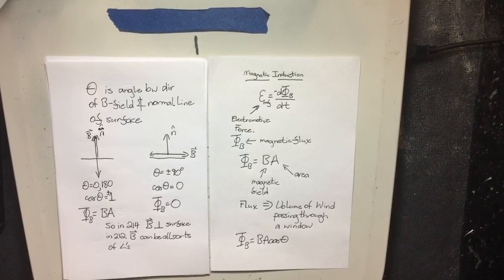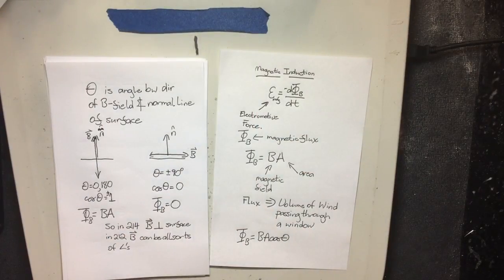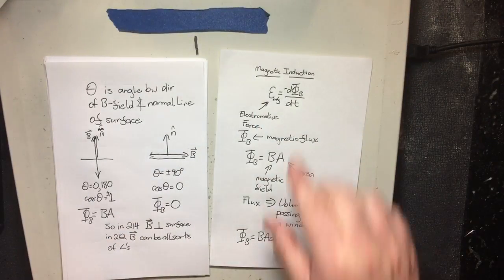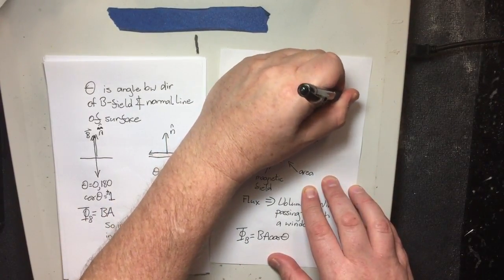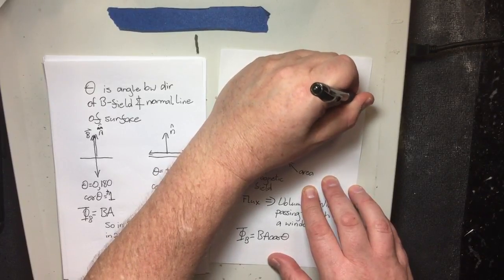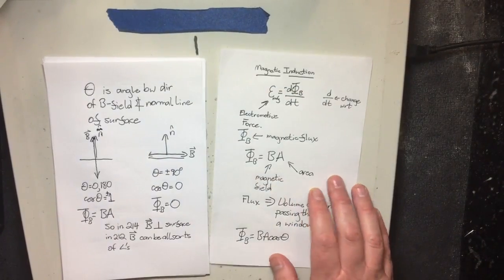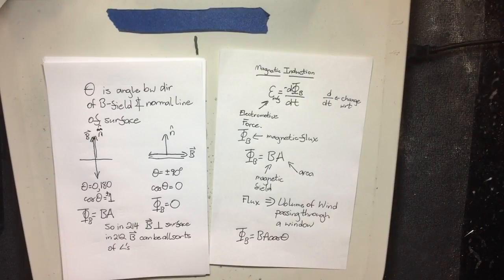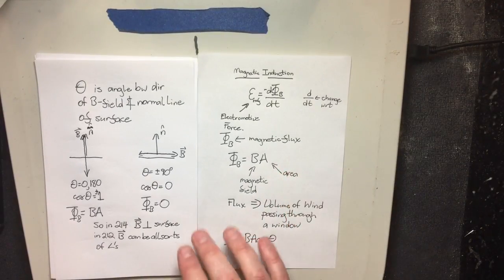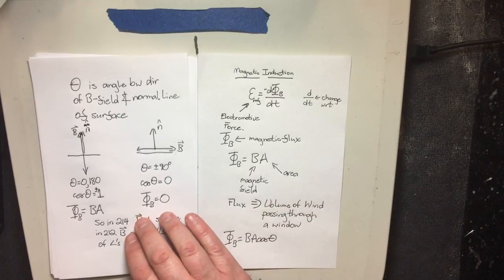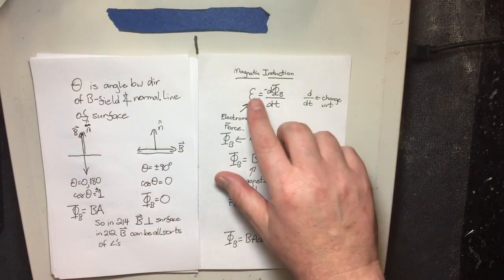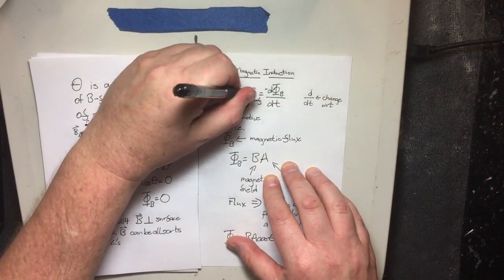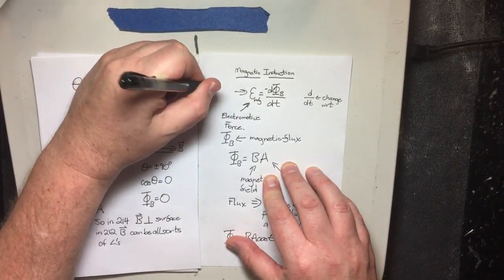Since I've got my hands tied behind my back with respect to calculus, you're just going to have to treat d dt as a symbol of change with respect to time, and that's how I would equate it. Now, this equation specifically, this one right here, is called Faraday's law.